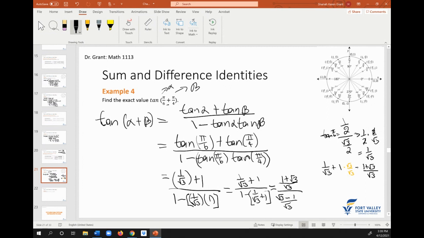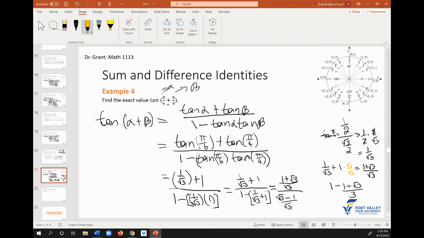And so this is the same thing, 1 plus root 3. So really what I have is 1 minus 1 plus root 3 over 3. Okay, so if you were to simplify, you get the denominator.